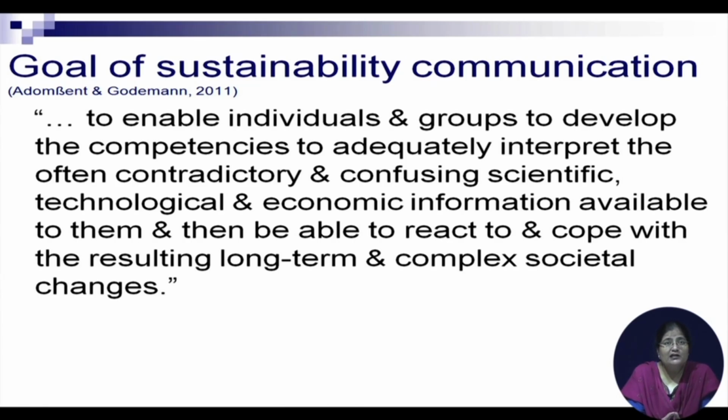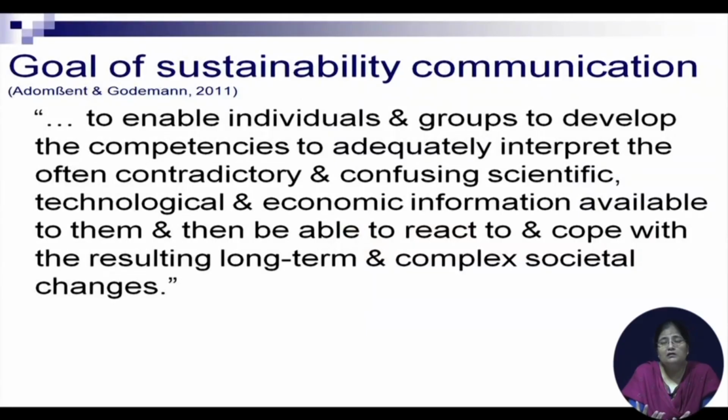So, we are essentially talking about enabling individuals and groups to develop the competencies to adequately interpret or understand the signals coming to them from their environments, and these signals are going to be contradictory. Scientific information will give you one aspect of the problem, technological information will give you another aspect of the problem, economic information will give you another aspect of the problem.